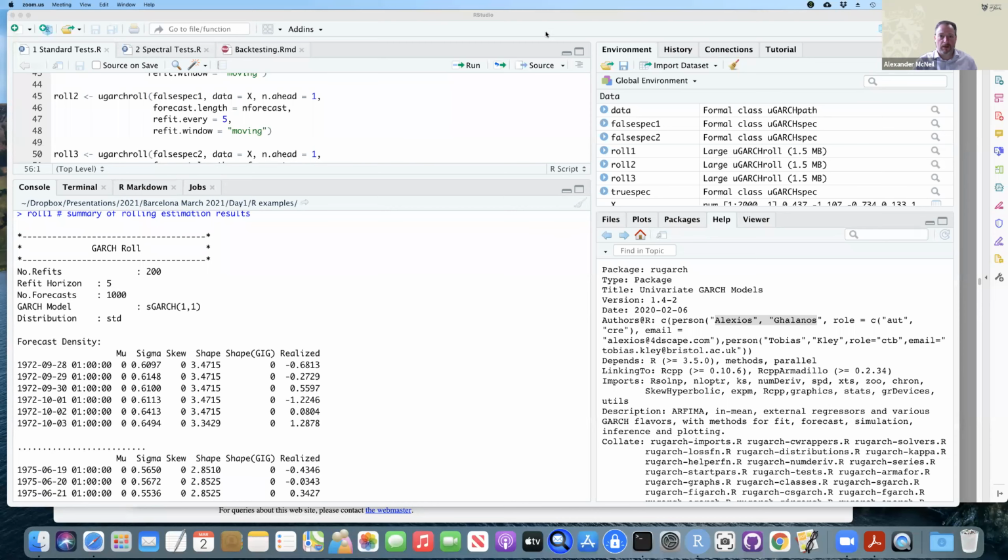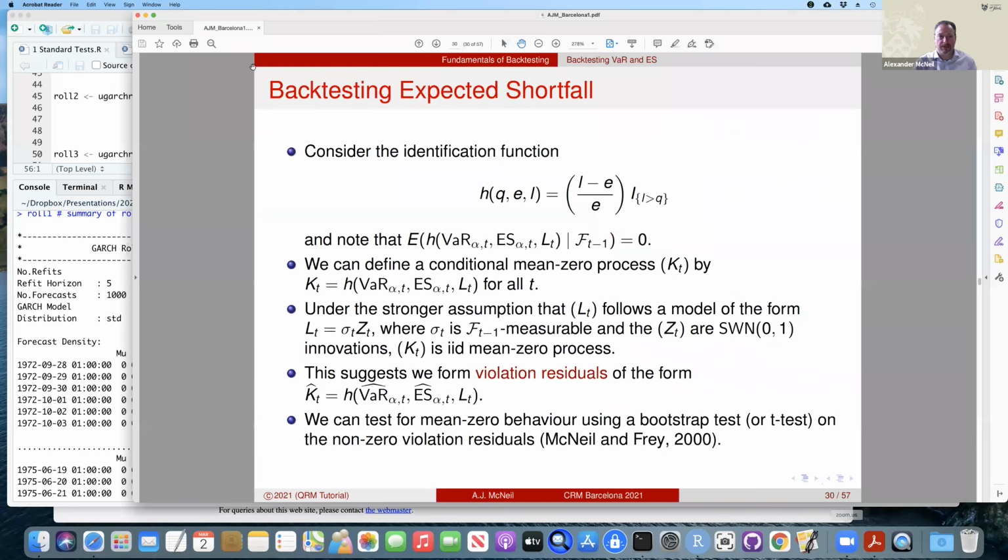I'll keep sharing just in case there's any slide that I need to refer to, but I'm more than happy now to take questions. People who ask questions, I cannot activate their microphone, but I can give them the possibility to activate it themselves.